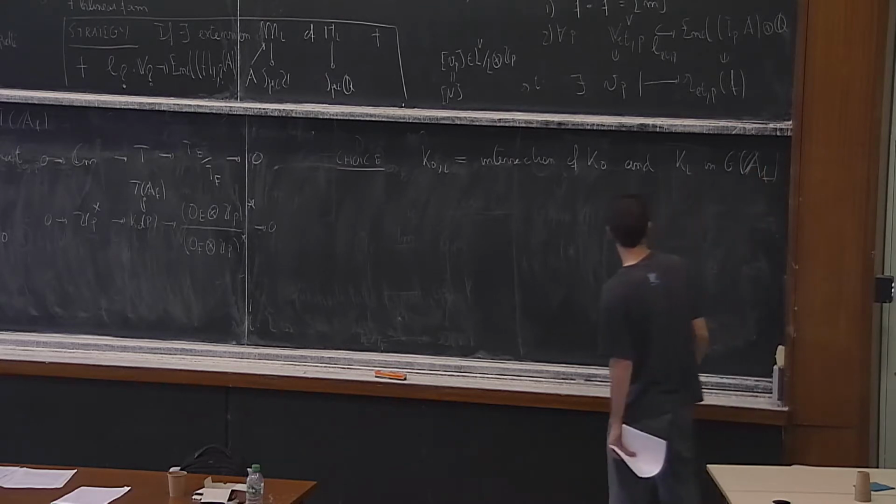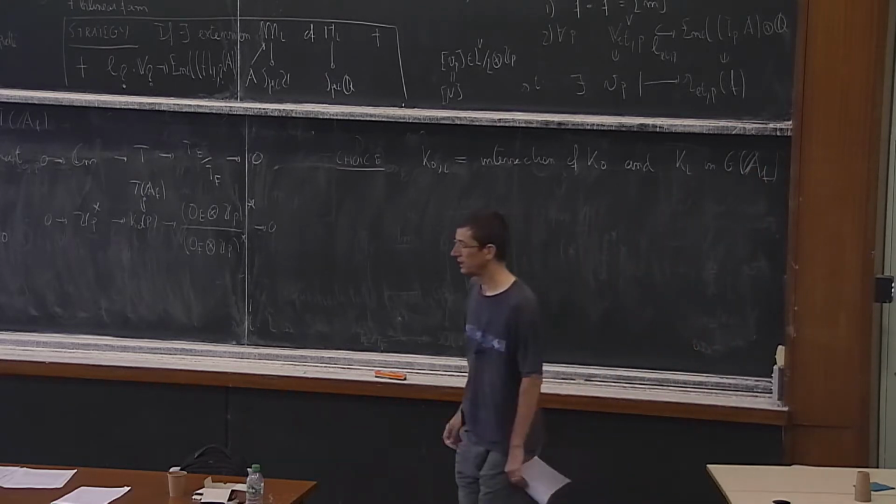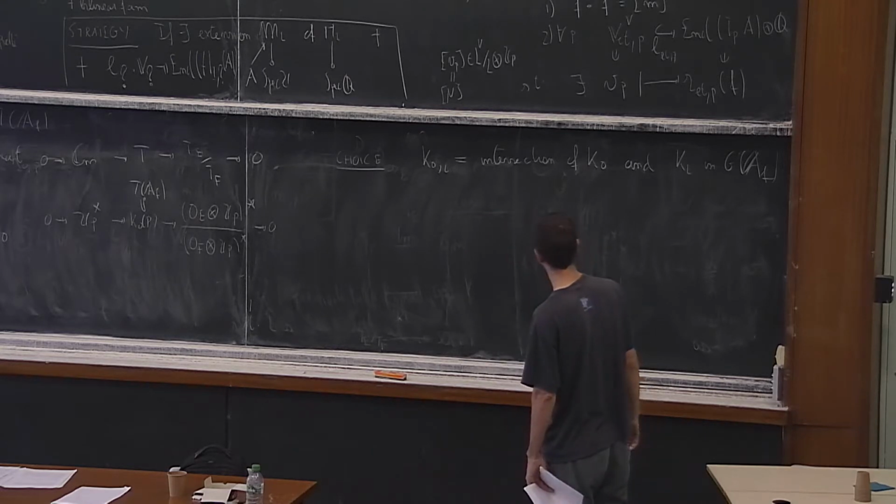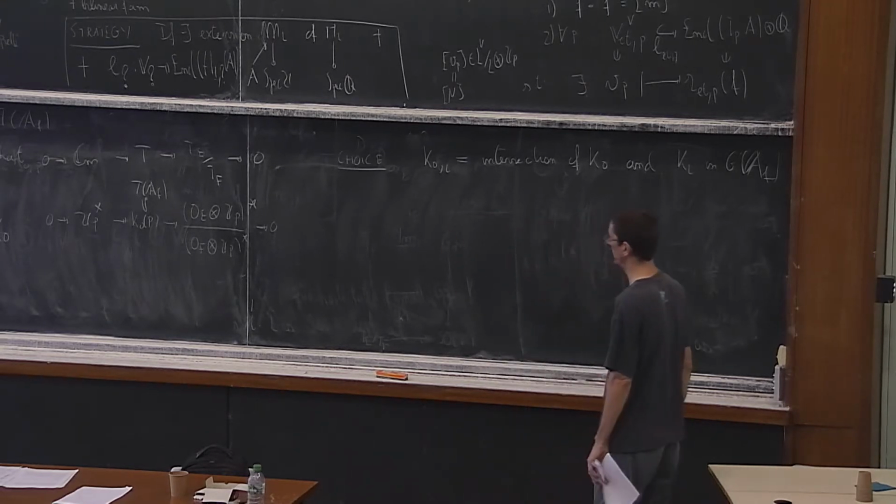So remember that I have a lattice L floating around and a compact open subgroup in G(A_F). This will be, again, a compact open contained in K0 by definition.